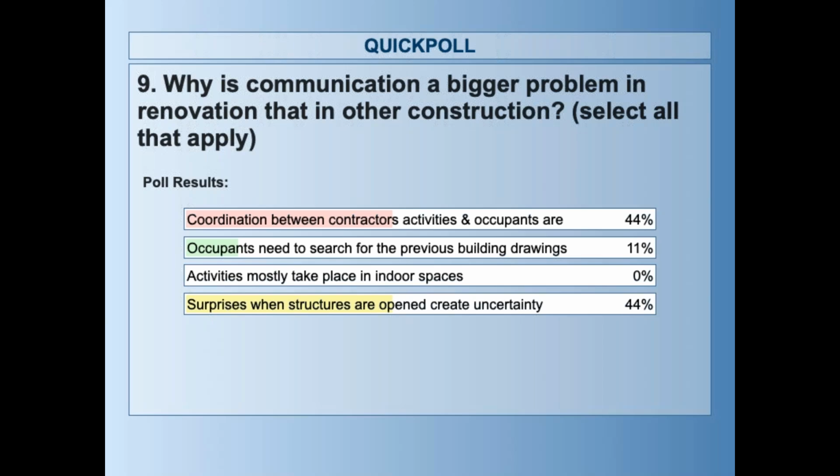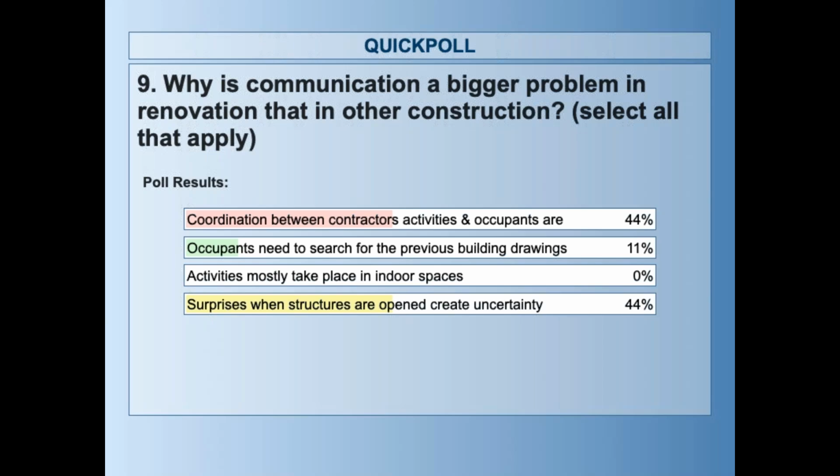Yes, I guess it's also kind of expected. In renovation, especially residential renovation, the parallel activities of contractors and occupants at the construction site are the main reason that there is need for more communication and more active communication.